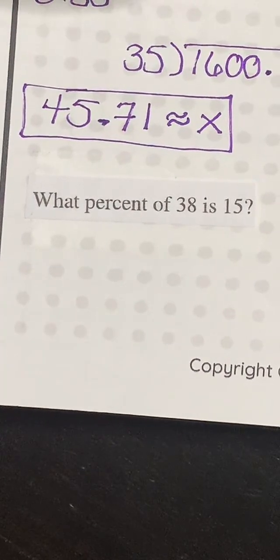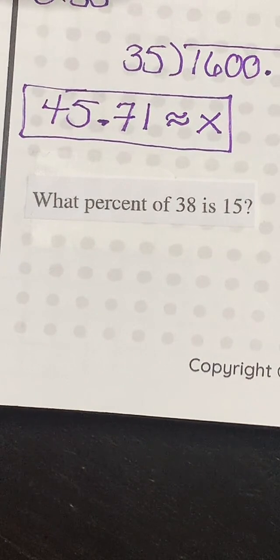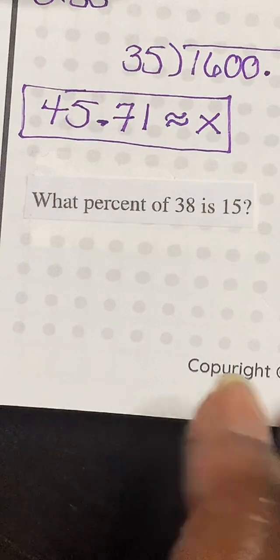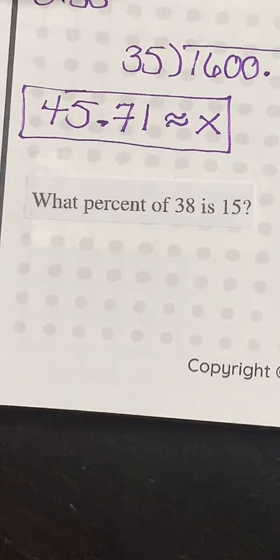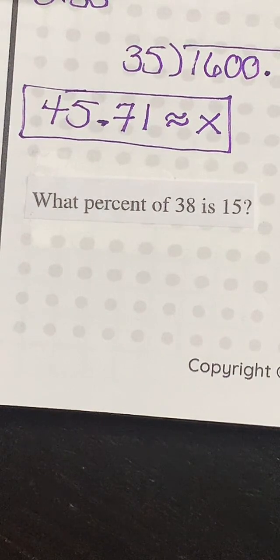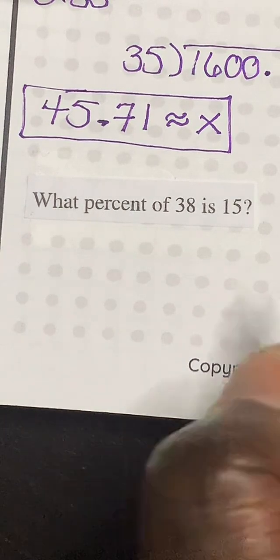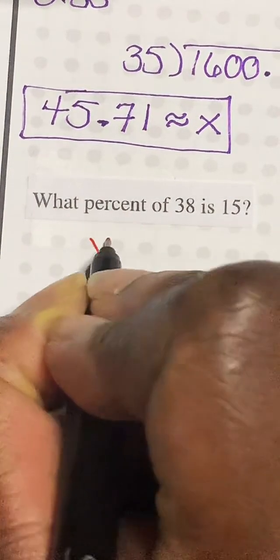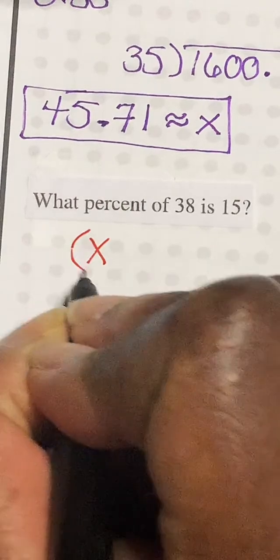All right. So let's take a gander. Let's take a look here. Sorry, I had to uncap my pen. All right. Yep, and you will definitely do the division. Okay, what percent? So that's my x of, that's multiplication.